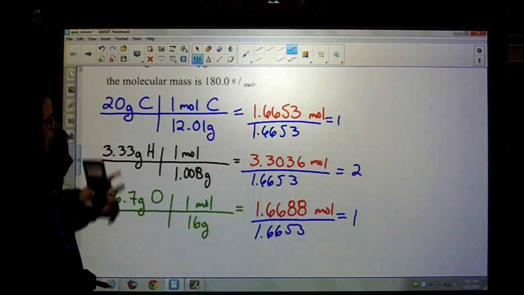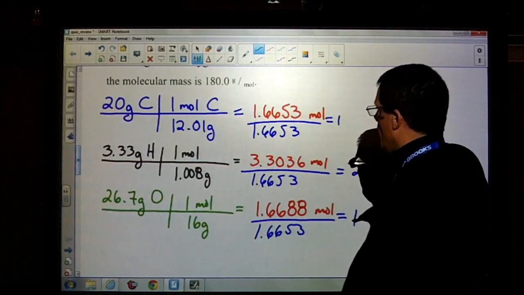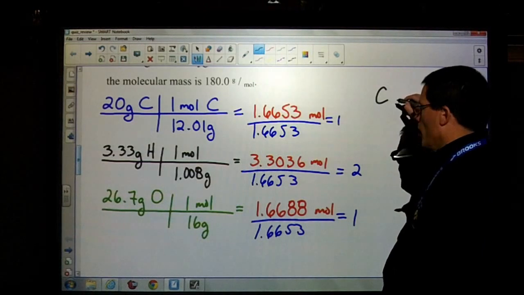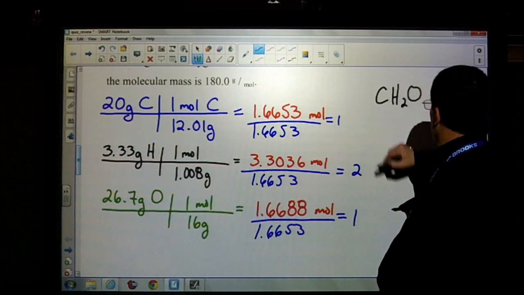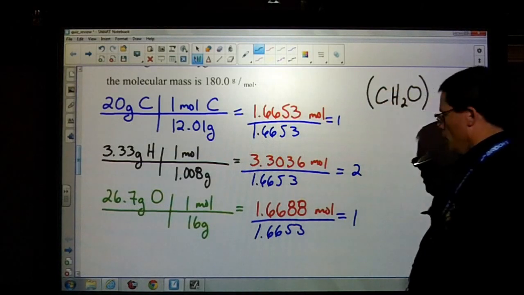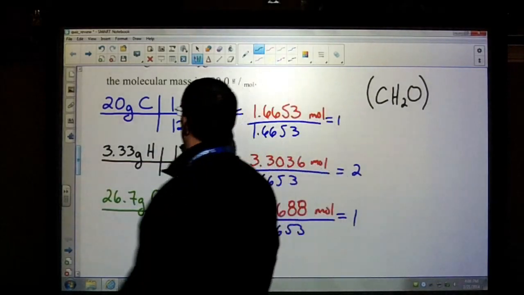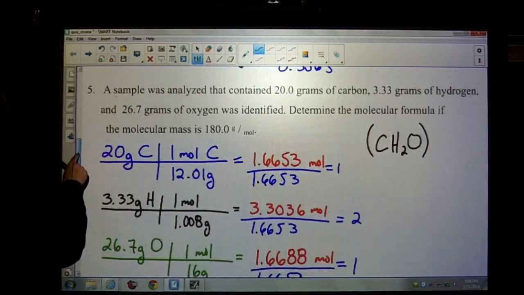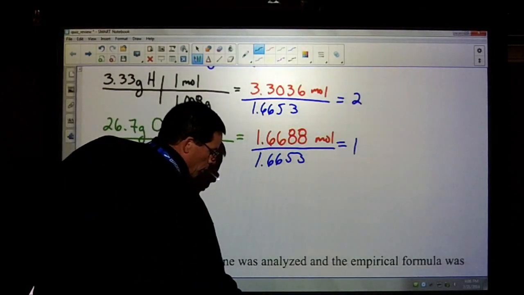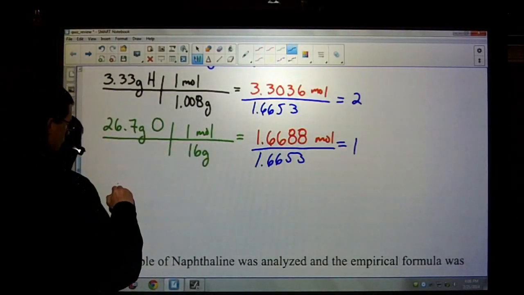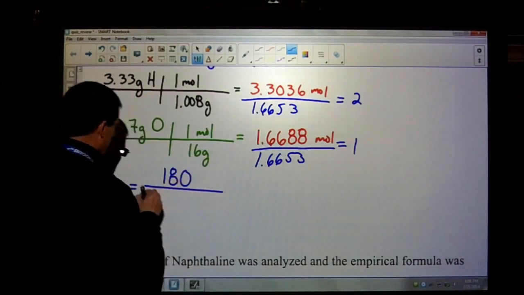So here's our, actually let's write the empirical formula. So we have 1 carbon, we have 2 hydrogen, and we have 1 oxygen. So there's our empirical formula. We're going to find the molecular formula. So the molecular formula mass is 180 grams. So again, what we need to do is we need to find out what our N is equal to. So we know we have 180 given to us.